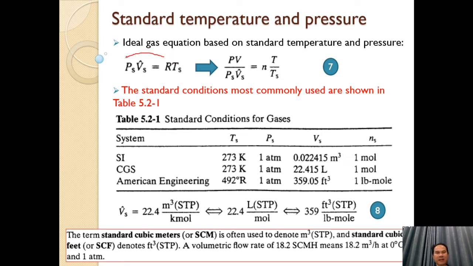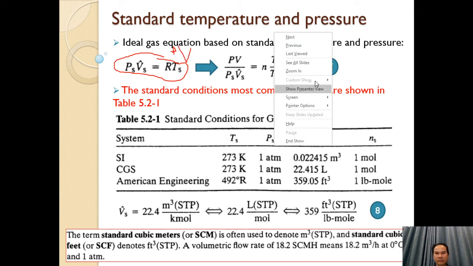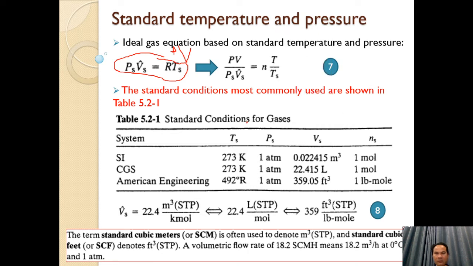If you compare between the standard condition and the actual condition, the actual condition has PV equal to nRT. PV at actual condition divided by P_S V_S, where PV equals nRT.